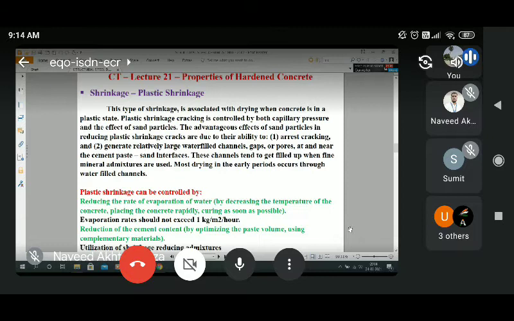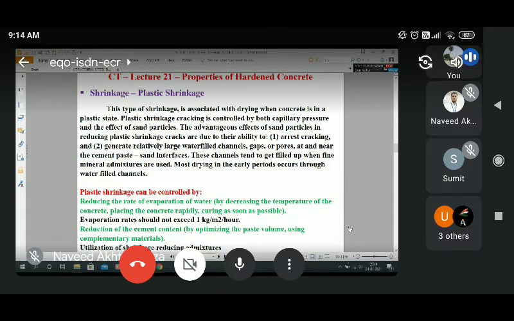Sand particles sometimes reduce plastic shrinkage due to their ability to arrest cracking, and generate large water-filled channels, gaps, or pores at and near the cement paste sand interface, that is the interfacial zone. These channels tend to get filled up when fine mineral admixtures are used. So mineral admixtures also arrest plastic shrinkage.